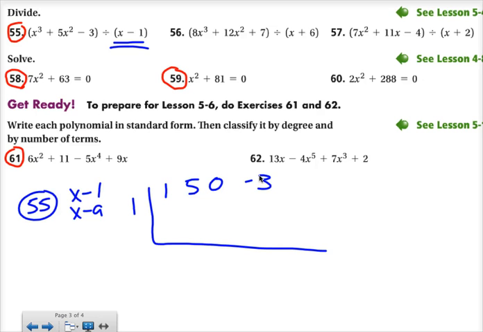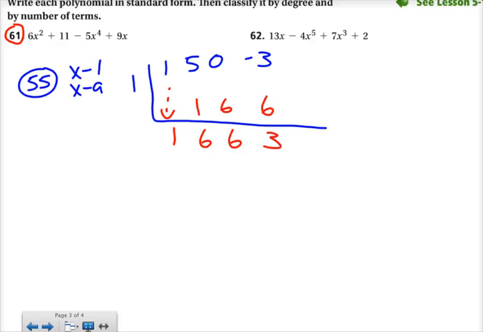So what I want to do here is just use synthetic and then basically translate my answer when I get done. So we need to bring down the 1, the leading coefficient, multiply, add inside the box, multiply, add inside the box, multiply, and add inside the box. And what we have here, working from right to left, is remainder, constant, x, and x squared.